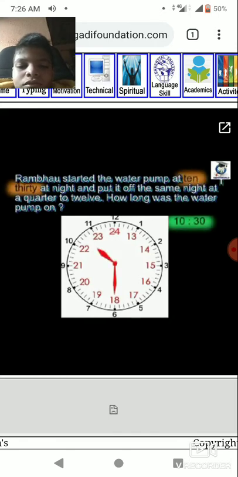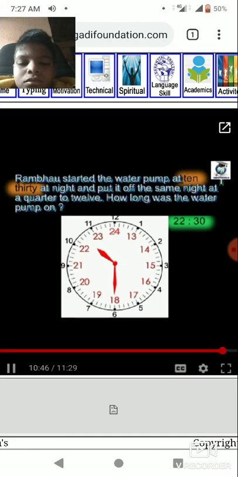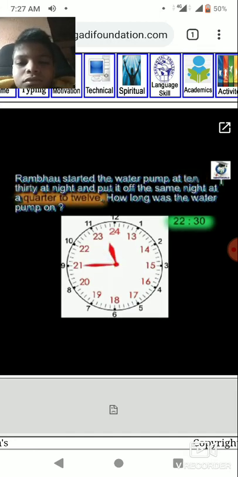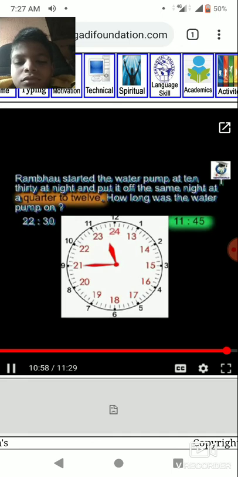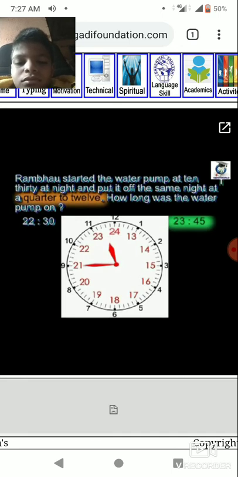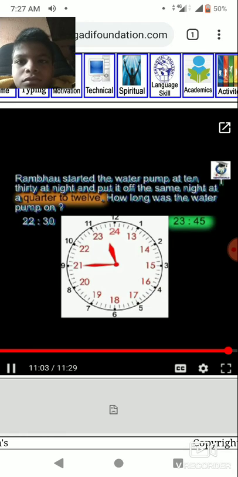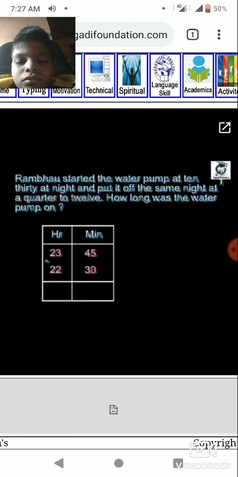According to the 24-hour clock, Rambhav started the water pump at 10:30, that is equal to 22:30, and he put it off the same night at a quarter to 12, which means 11:45. That means according to the 24-hour clock, 23:45.